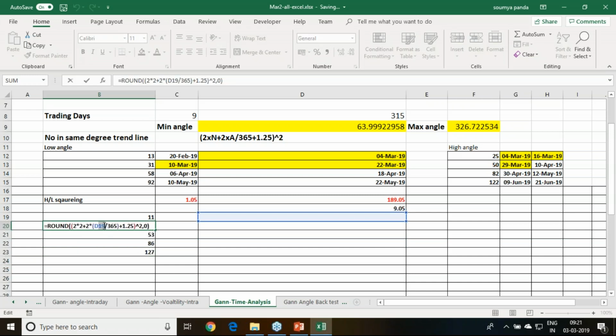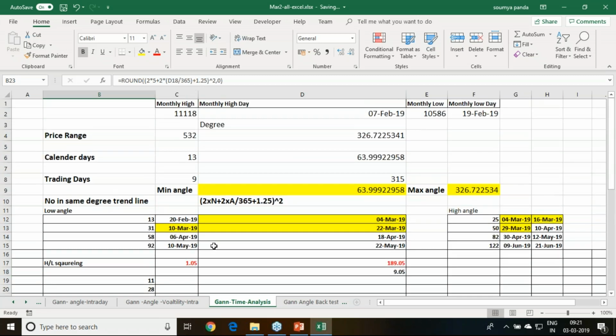The values you have taken are with respect to 0 angle. So here too D18, here too D18. In all the places we are going to use the cell number D18, so no need of high angle, low angle. Here you got these numbers directly.